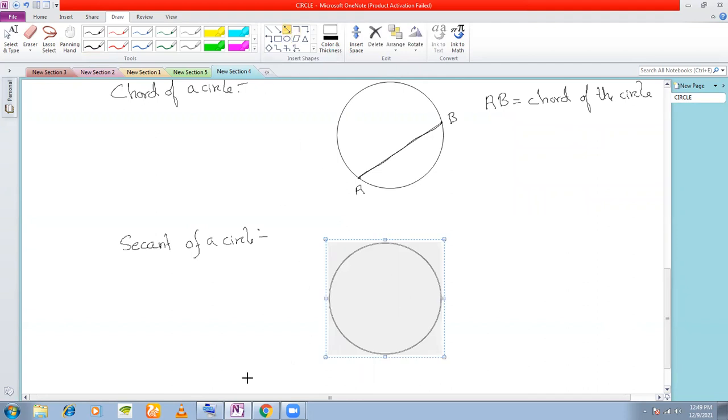If a straight line of any length intersects the circle, then this entire line is called the secant of a circle. So what is the difference between chord and a secant? Chord will have a definite length. Chord lies inside the circle. But secant of a circle is a straight line of any length that intersects the circle at 2 points. Is the difference between chord and secant clear?